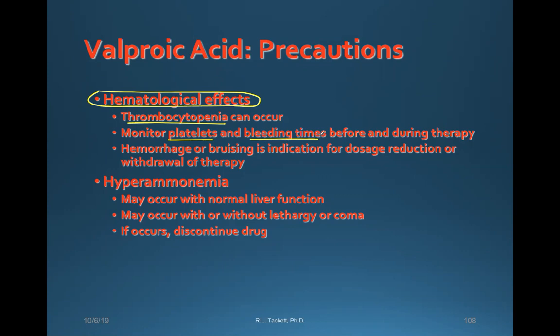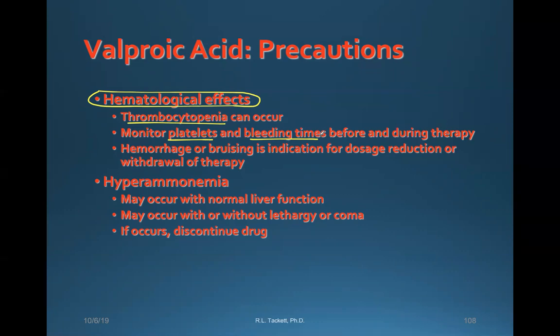Does anybody remember the test that we get? We can get a CBC that can give us a platelet number. When we're looking at bleeding times and things like that, do you remember what the test is that we request? INR, right. INR is the international normalized ratio. So the INR is what is requested.